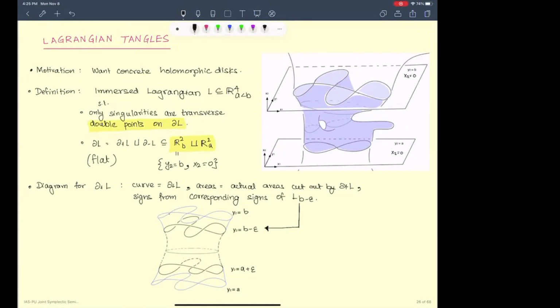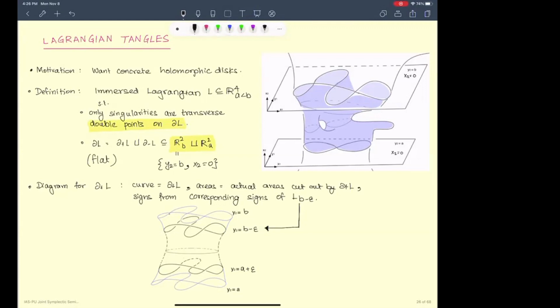And for that, these signs that I defined before make sense. So for a Lagrangian tangle, the signs for the boundary are going to come from just the signs just below or just above it. And the areas are whatever areas that curve bounds in R2. Like we actually have a legit curve in R2, right?